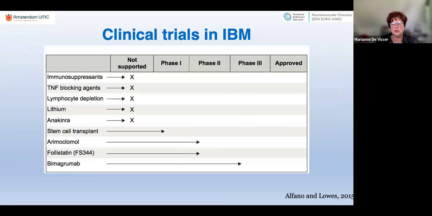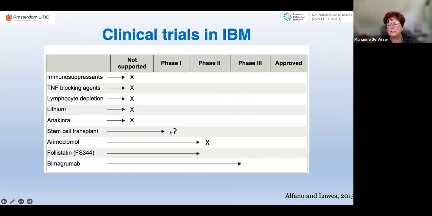Let's switch gears and discuss IBM, inclusion body myositis. As I mentioned before, there have been numerous trials, and you can see this on this slide, but these have as yet not been very successful. Most recently, the arimoclomol trial was proven not to be beneficial.